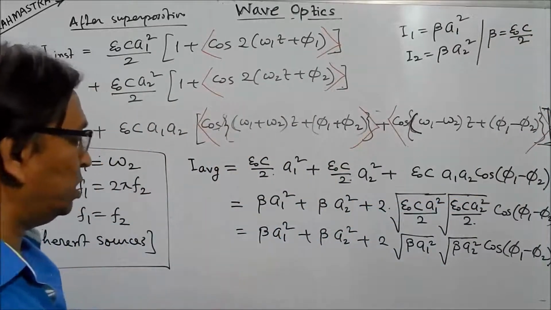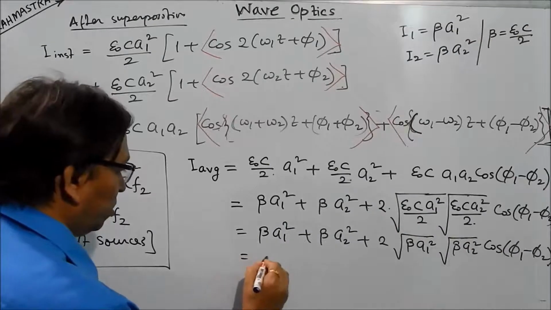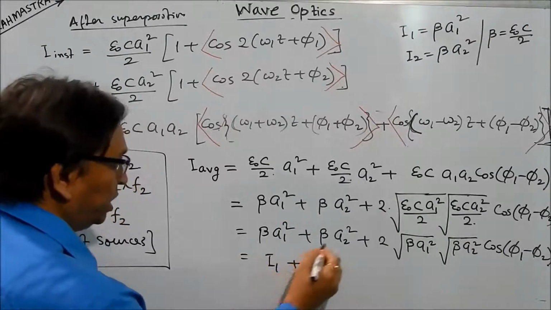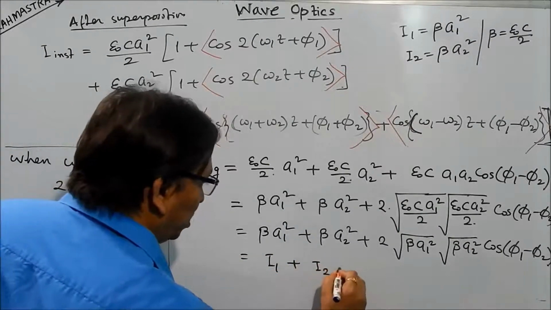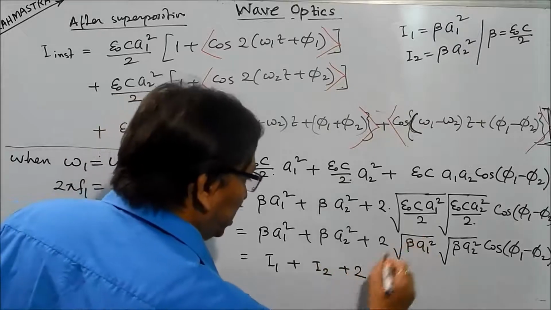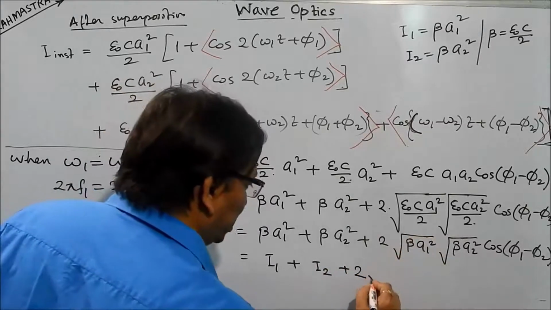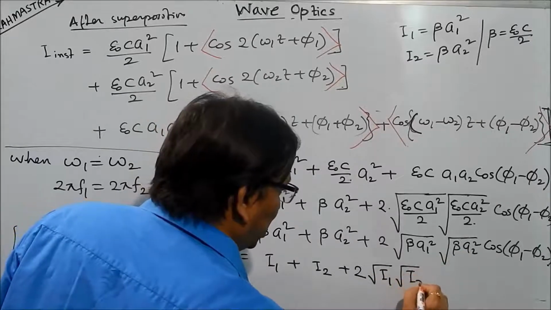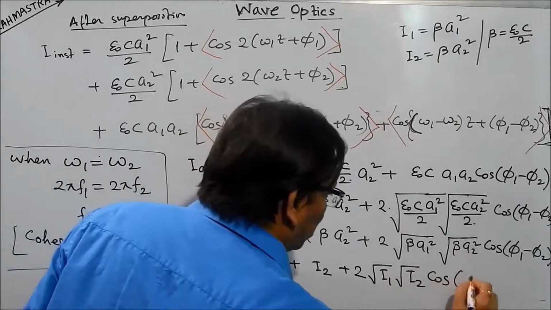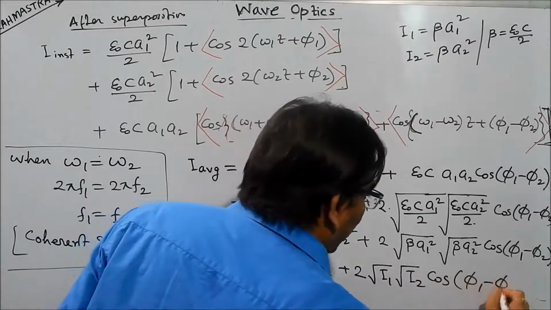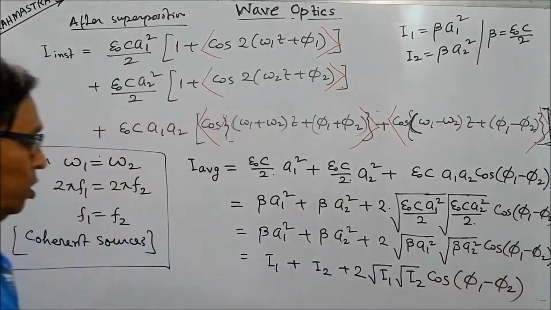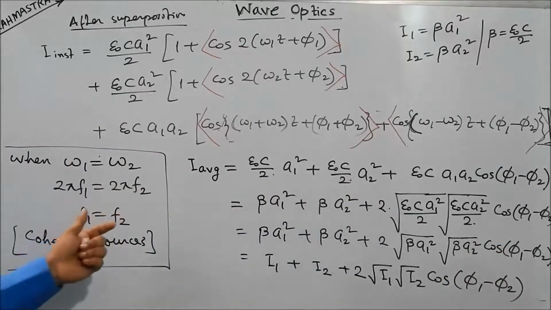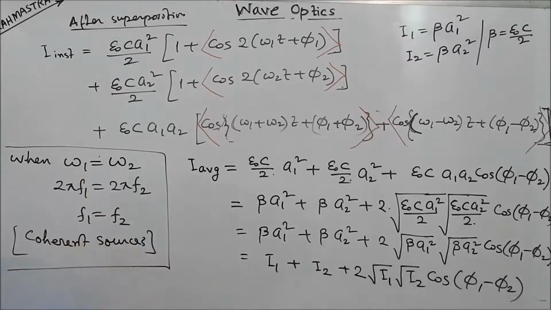So that means this is the intensity of one wave, this is the intensity of another wave plus 2, so this is the intensity and root under intensity. So this will be root I1 and this will be root under I2 and this will be cos phi 1 minus phi 2. So this is the case when the sources are coherent.